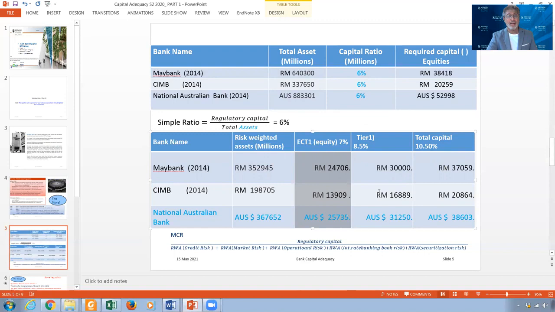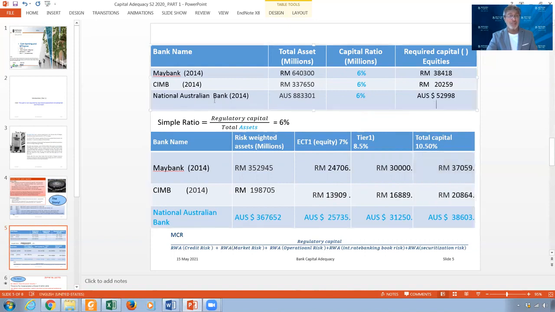And you can see now, if you take the equity or the total capital, you will find that Maybank has dropped a little bit when they introduced this. CIMB increased, with big improvements in the equity, but in the total capital, which is the requirement now of Basel, it is less.